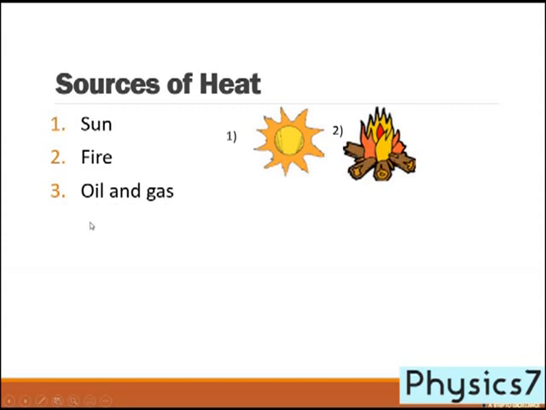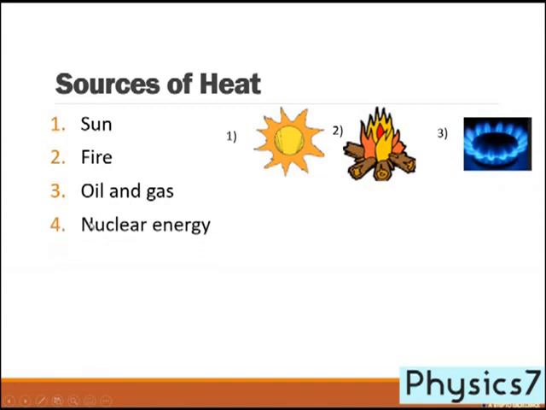And then there's also what we call nuclear energy. And nuclear energy is becoming increasingly important because, despite all the controversy about it, it is a clean fuel in the sense that it doesn't pollute the environment in terms of gases.